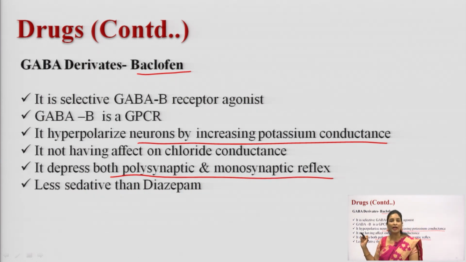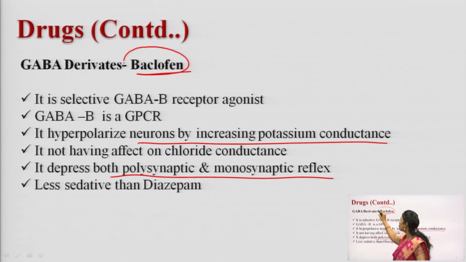So, baclofen, a GABAergic derivative drug, can depress both polysynaptic and monosynaptic reflexes. It has less sedative action compared to diazepam. Diazepam is a very highly sedative drug, used as a sedative, with somewhat more sedation. But a GABA derivative drug like baclofen has less sedation than diazepam.